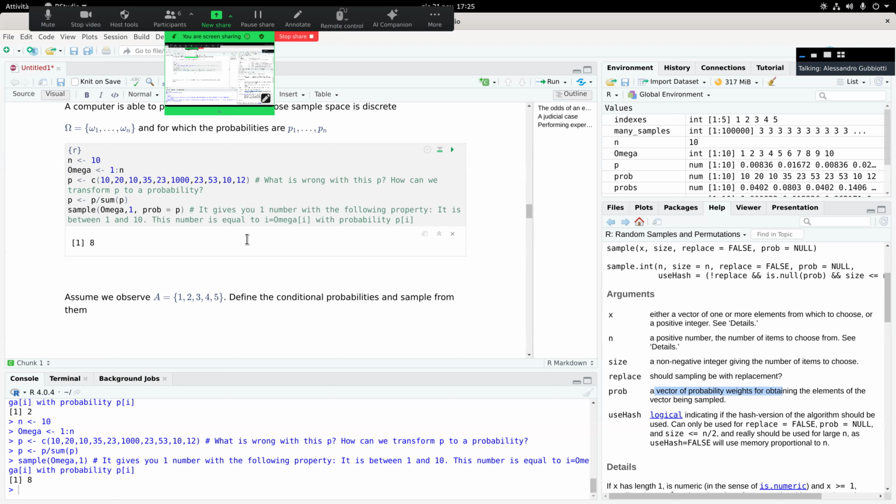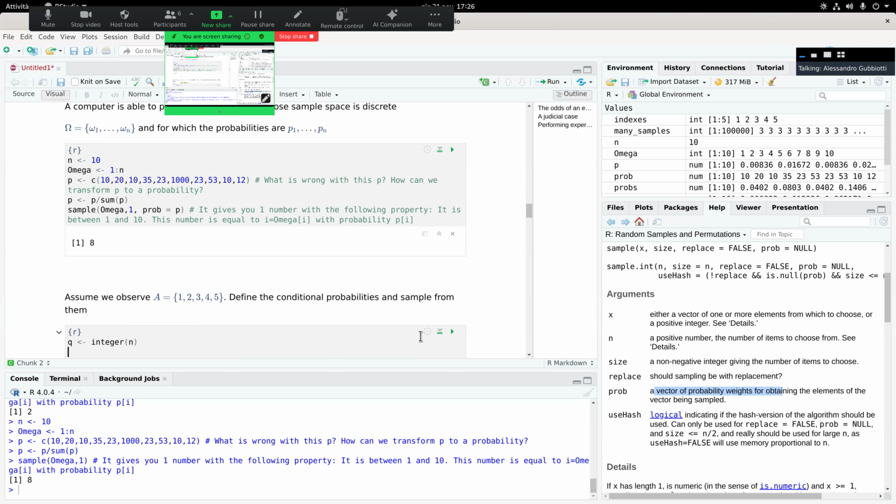Now, how can we define this conditional probability? The definition is much more understandable in this way, because we simply need to define Q. Let's first define Q to be 0, just to allocate it, a vector of zeros.